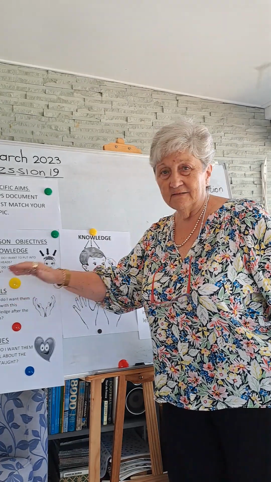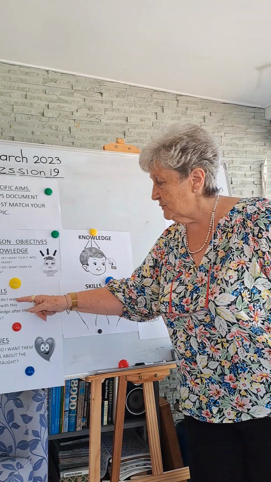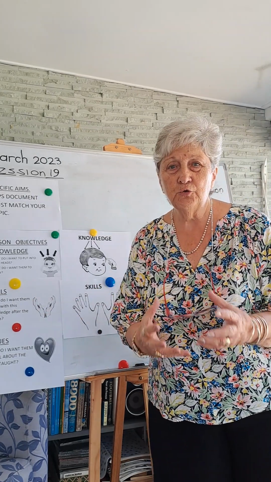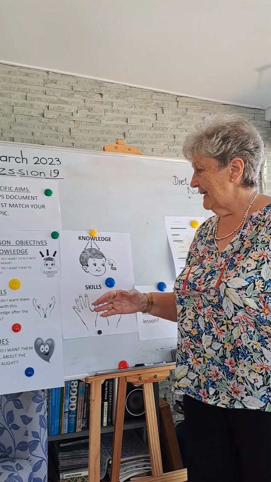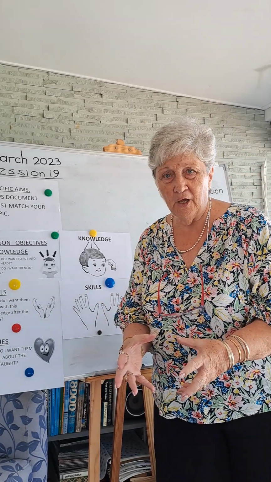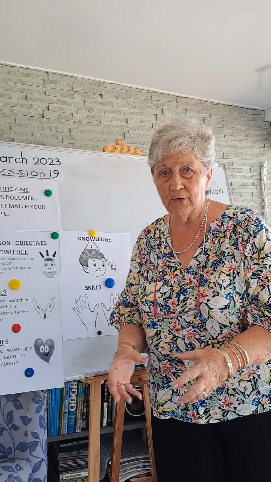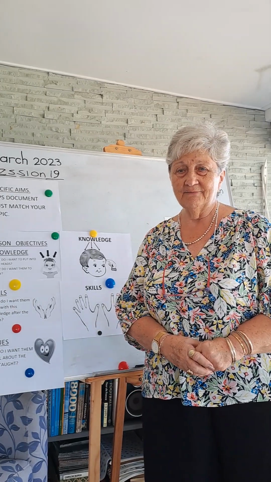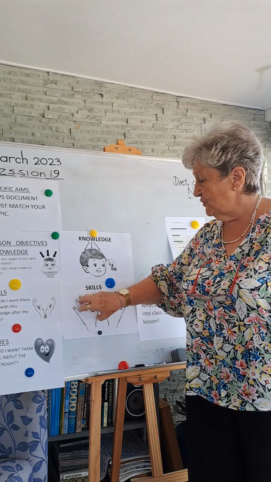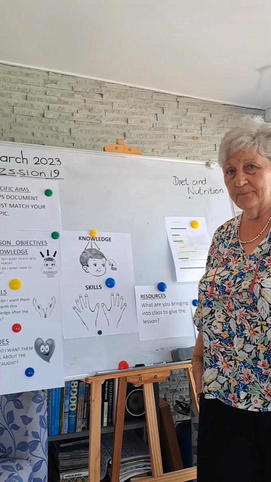When I get to skills, learners will be able to, now the verb I use is do. Learners will be able to choose their diet, make up their own diet, realize how important the diet is. And all that is under skills, what they do with the knowledge I give them.